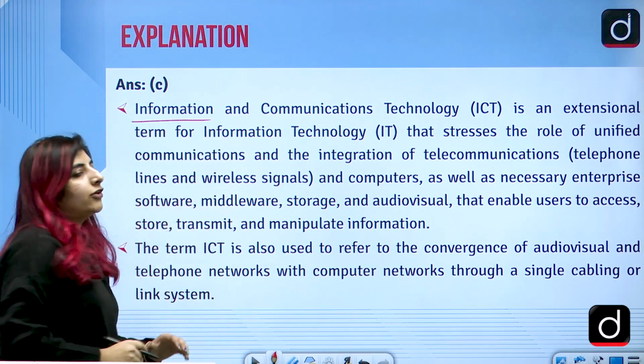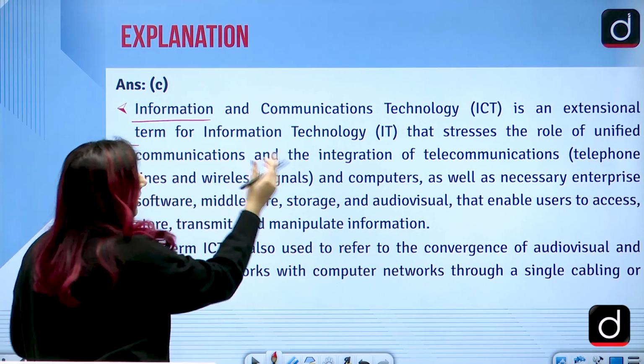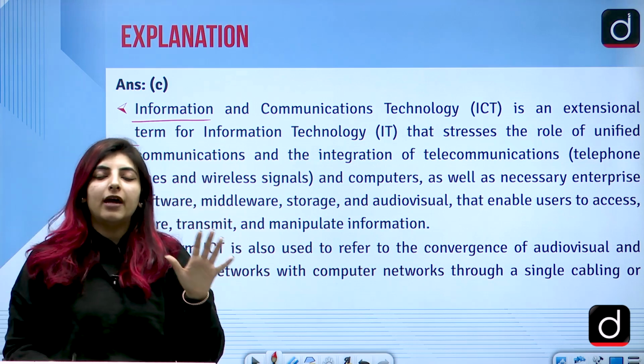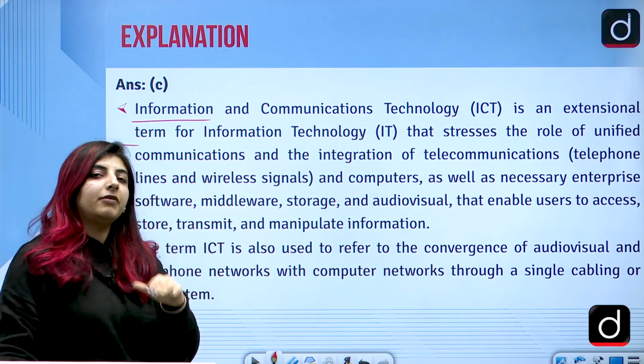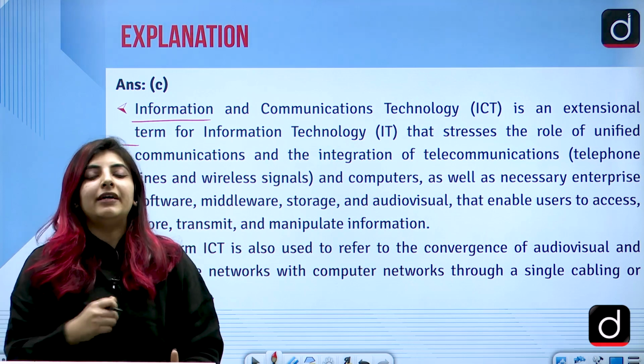Information and communication technology. First of all, let me tell you that IT is a broader term, right? It is an extensional term for information technology, correct? So we have IT, information technology, and information and communication technology, and all of them are interrelated.